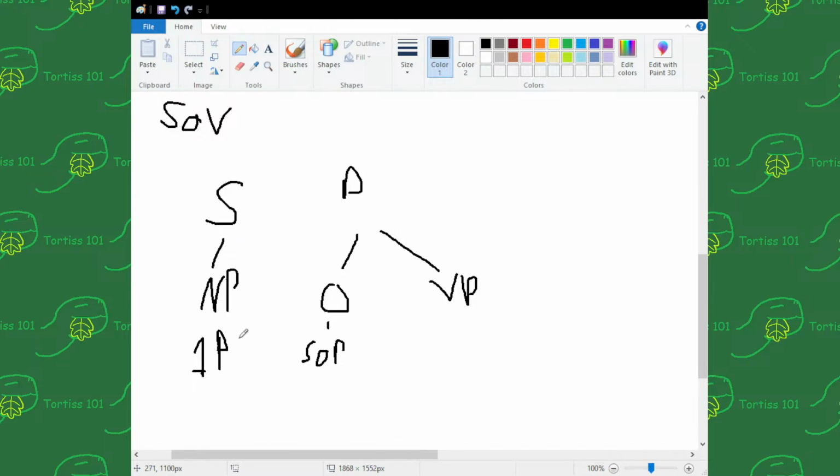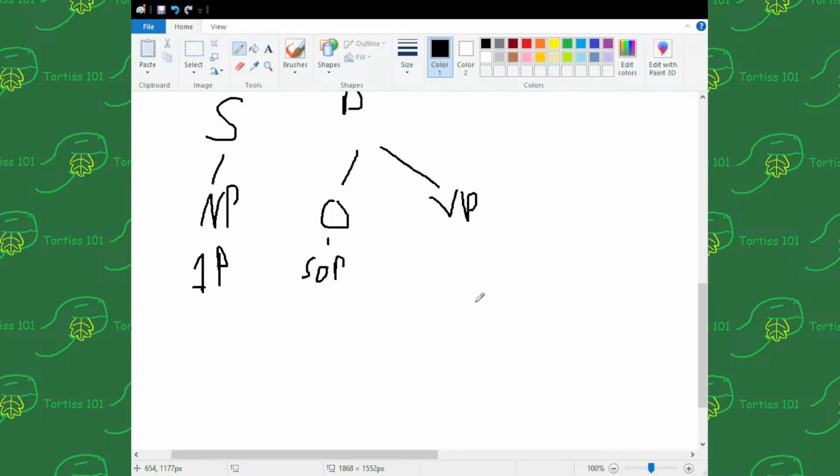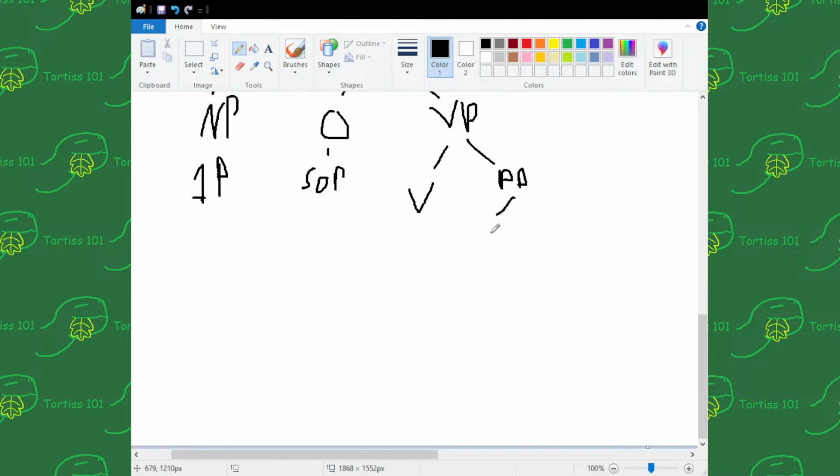So the subject is just the noun phrase of that. The predicate is the object and the verb phrase. The verb phrase is, we have the main verb construction, but then we have our prepositional phrase or postpositional phrase here, which this is actually the postposition itself, and then the auxiliary.